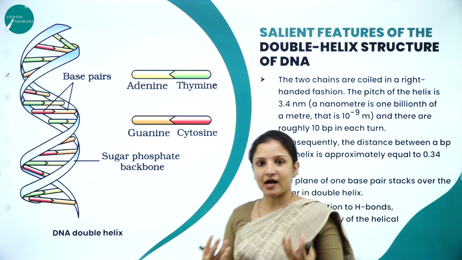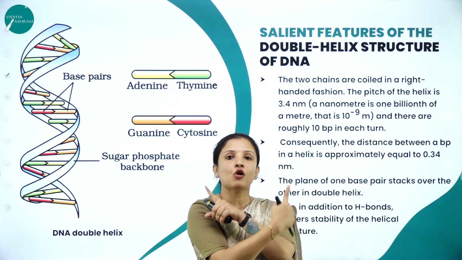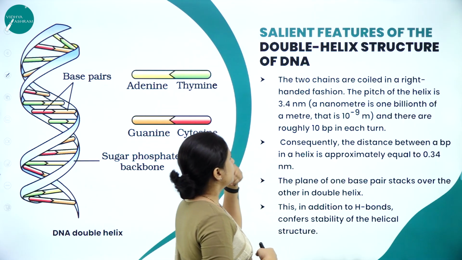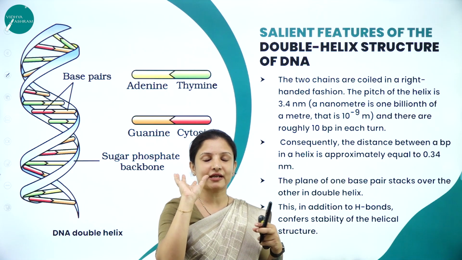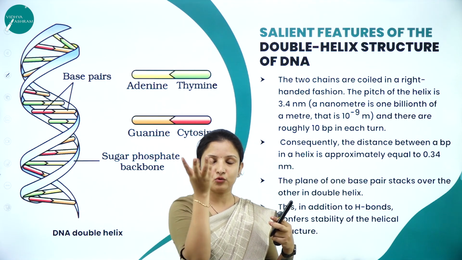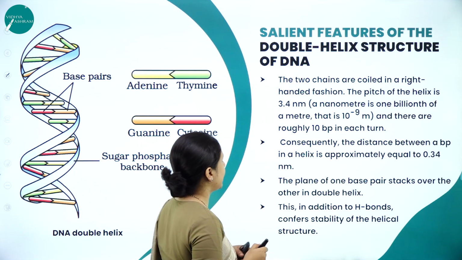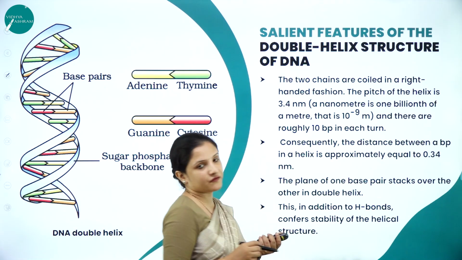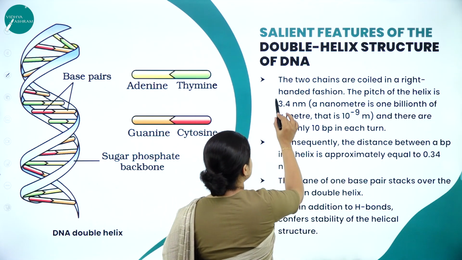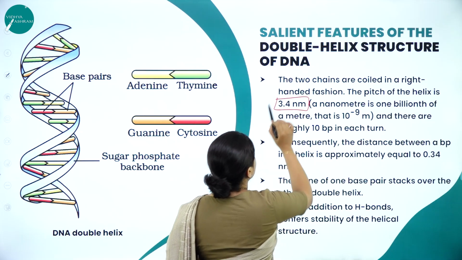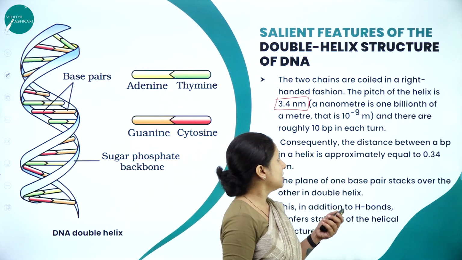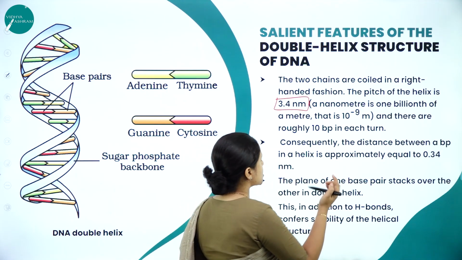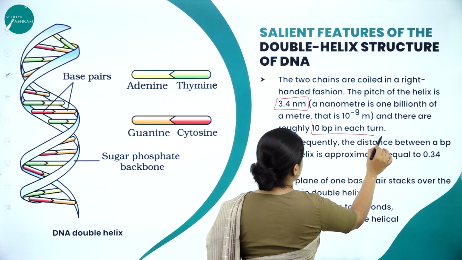Next, moving further, the 2 chains. Now we know how they are held. Now we are talking about the coiling. Why do they coil? The 2 chains are coiled in a right-handed fashion. That is towards the right hand, not towards the left. They are coiled in a right-handed fashion. And the pitch of the helix, the distance for each turn, is 3.4 nanometers. In each turn, 10 base pairs will be present.